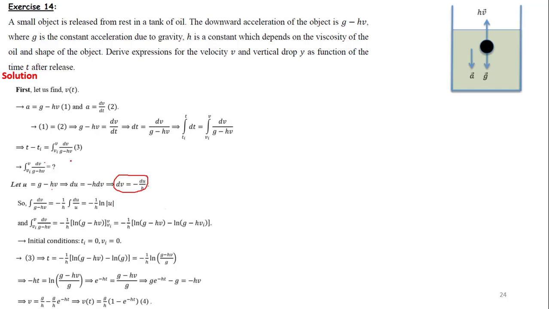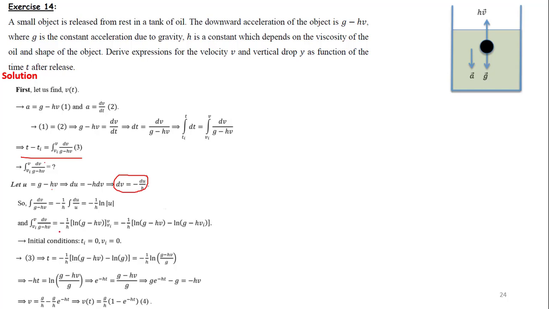And we can go back to this line. So t is equal to the integral of dv over g minus hv between vi and v.